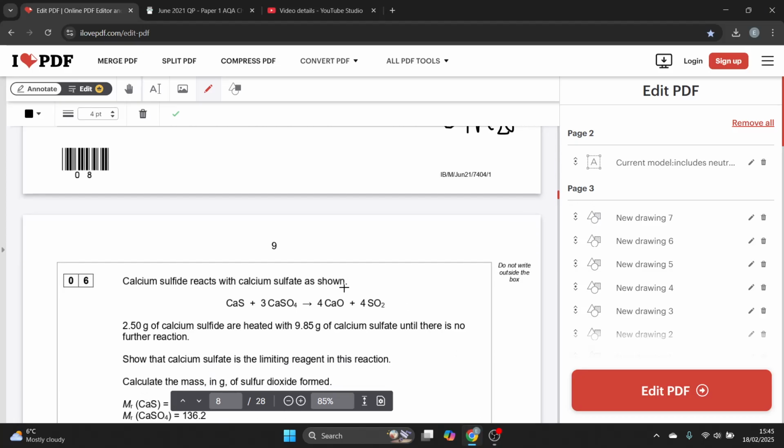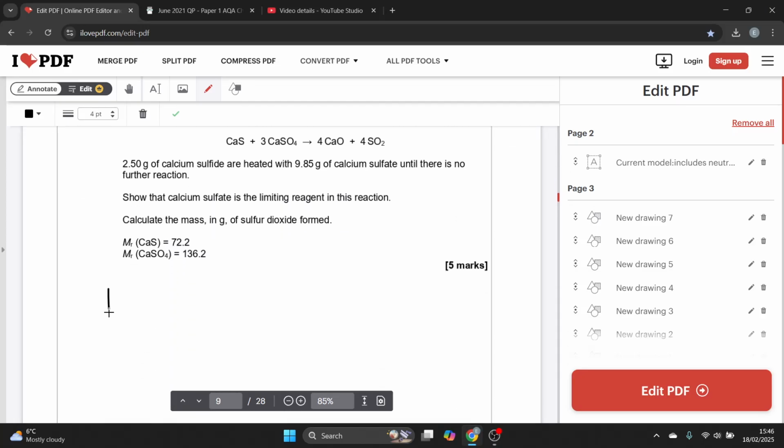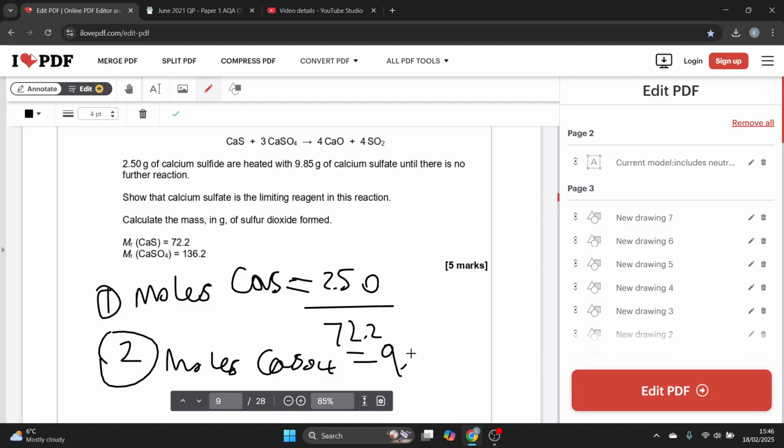Question 6. What I have to do first is find out the moles of CaS, which is 2.50 over the MR, 72.2. Then find out the moles of calcium sulfate, 9.85 over the MR, 136.2.